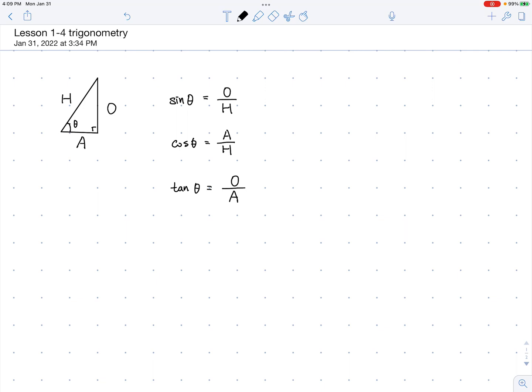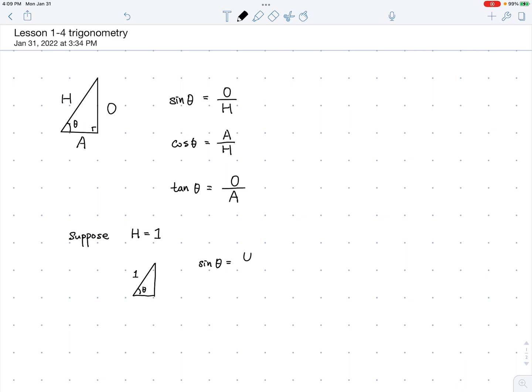So suppose I'm working with a special case. I know the hypotenuse is equal to 1. So still a right triangle, but this time I know the length of the hypotenuse is equal to 1. So in this case, the formulas become a little simpler.